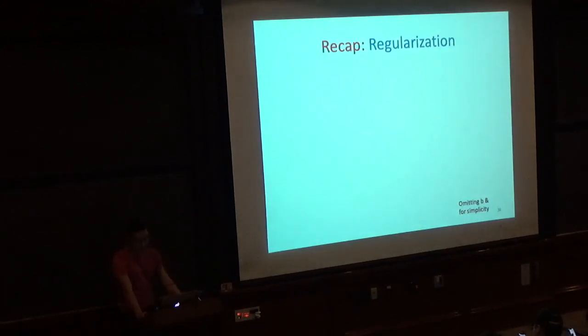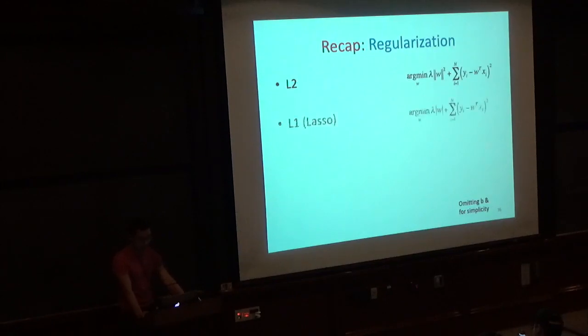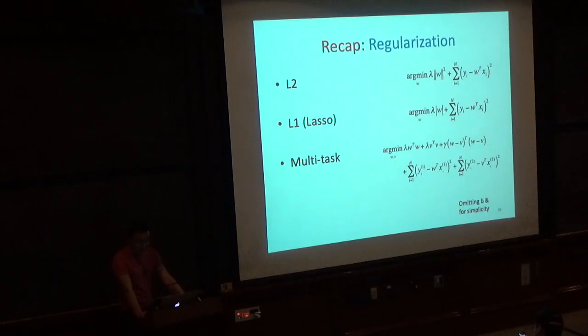So just a recap of regularization. We have L2, we have L1, Ridge and Lasso, we have multitask, and if you have some sort of prior belief about what you should do if you don't have data, then you could add your own regularization. For example, look at the multitask regularization term.